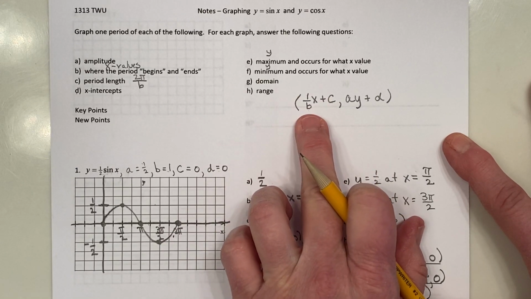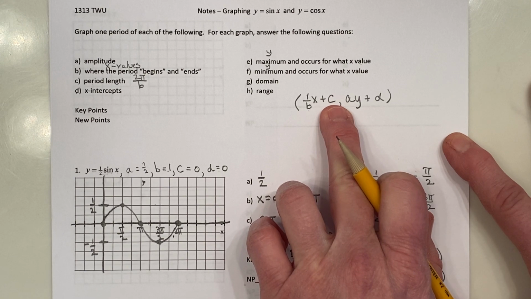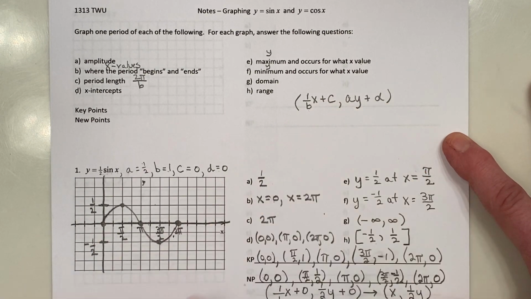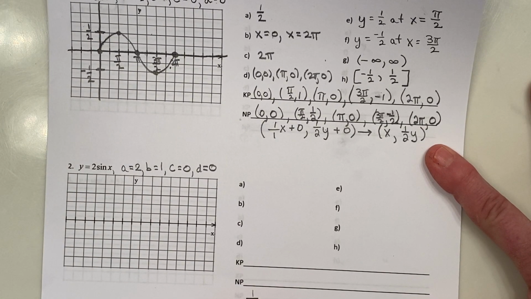It's 1 over B, 1 over 1 again, times x plus 0. A is 2 in my new problem, 2 times y plus 0. B is 1, keep the x, add the 0. A is 2, multiply it by y, add the 0 for D. Cleaning up each of these coordinates, I just get x, comma, 2y.